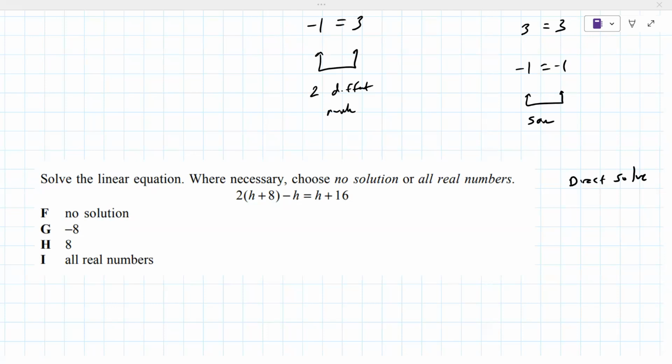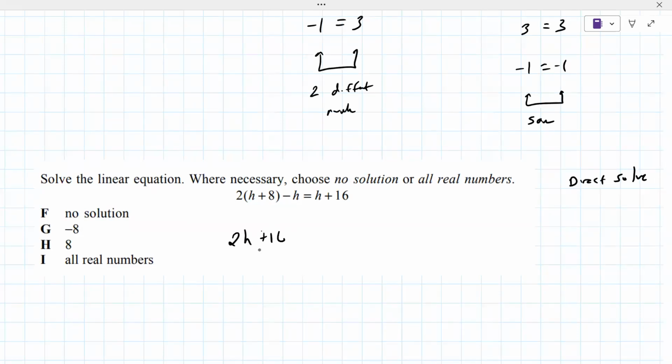I think this is all real numbers. Okay. So what did you get as your final answer? 2h plus 16 equals 2h plus 16. So another way of saying it is it doesn't have to be just numbers. Sorry, you said h plus 16, not 2h.